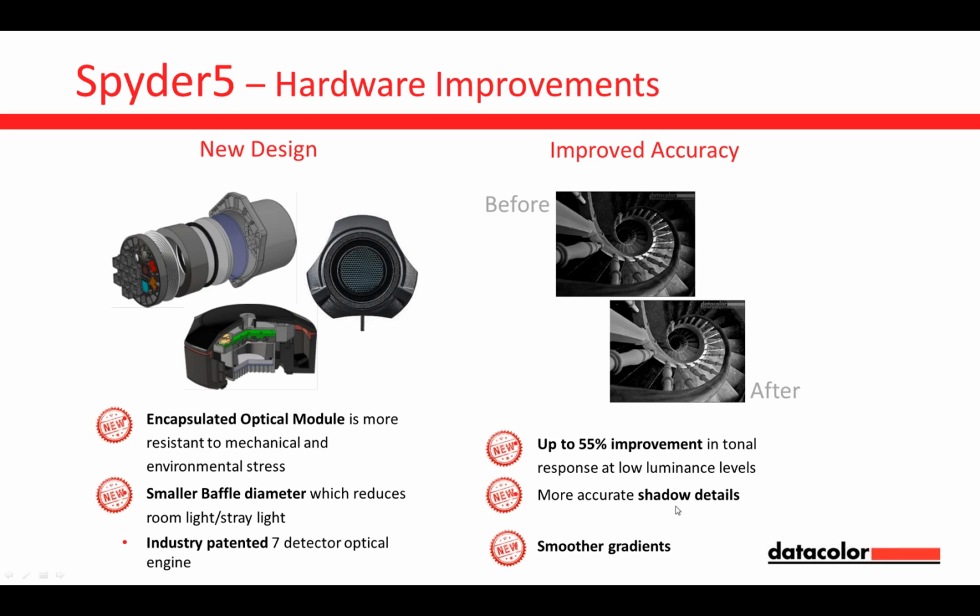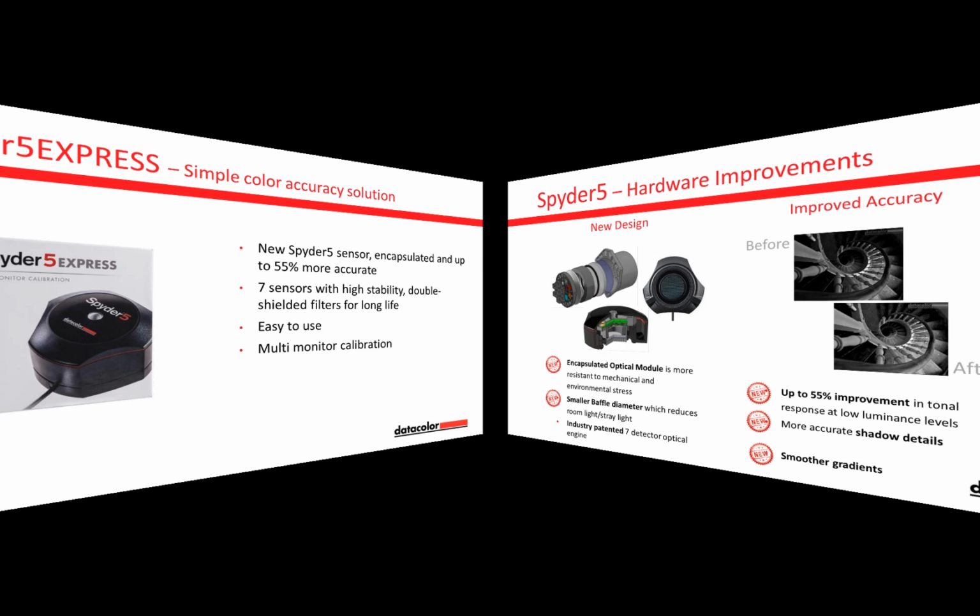You have more accurate shadow details. So you will see at the end a higher quality. And what is also important is that you will have smoother gradients. So at the end, a quality improvement. Okay, great. So let's continue.